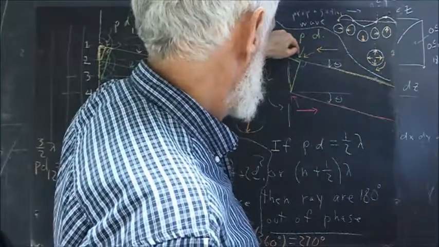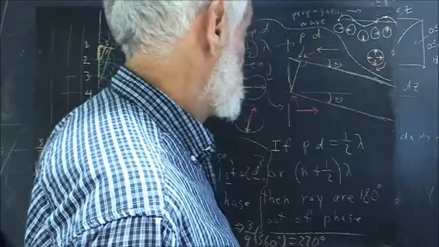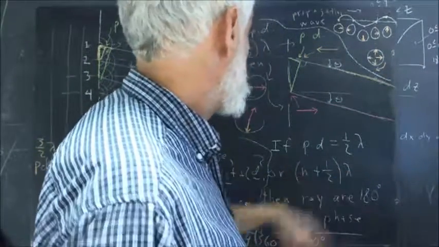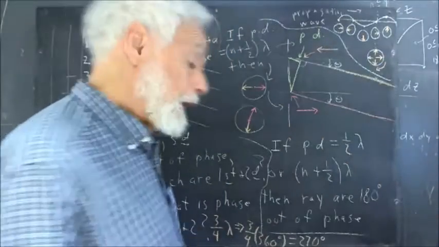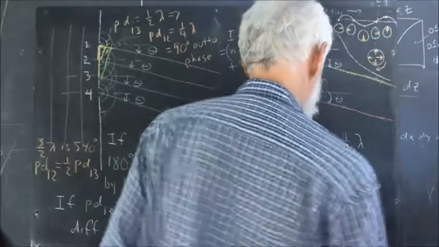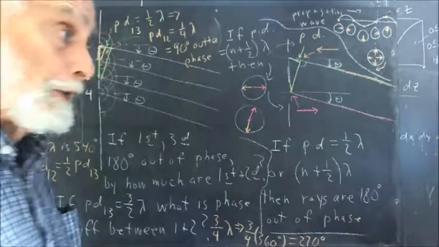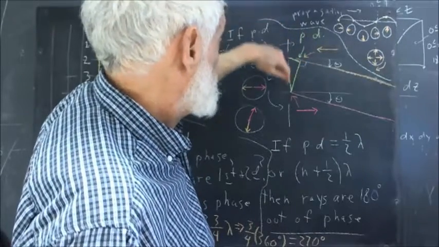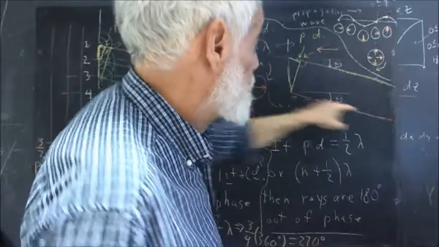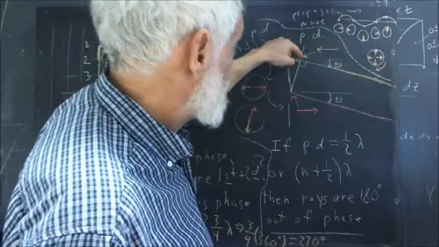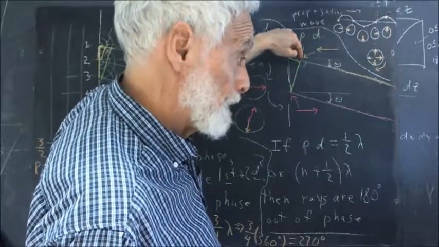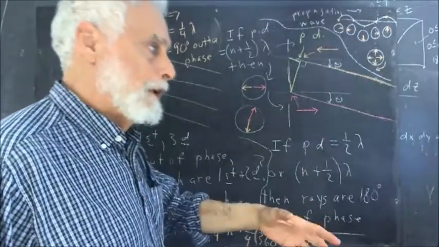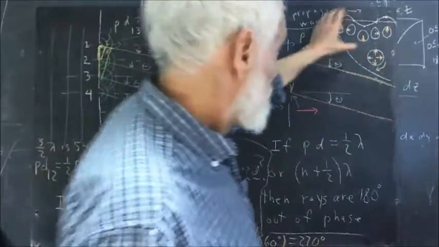If this path difference is half a wavelength, or alternatively, if it's a whole number plus a half a wavelength, then the rays are 180 degrees out of phase, because this corresponds to half a wavelength, so that this wave starts first. This wave doesn't get here until it's gone through half a cycle. So it's got to be 180 degrees out of phase. Half a cycle being 180 degrees of phase, as you can understand up here.